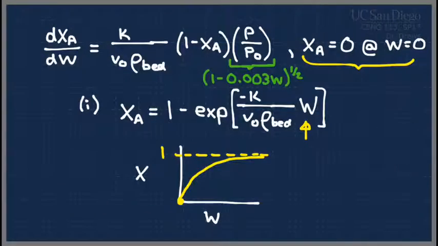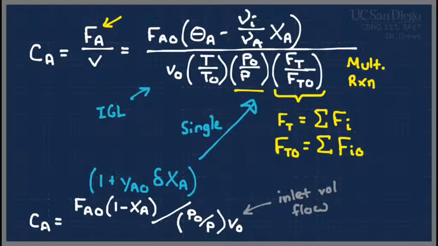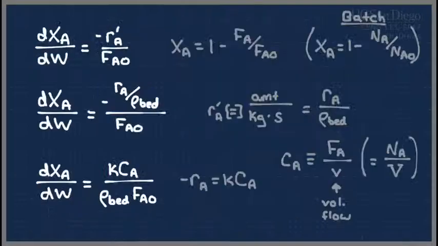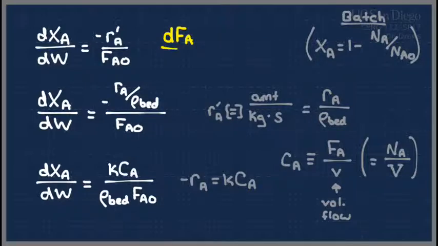Again, I said that a lot of times in MATLAB we end up writing these things in terms of the FA parameter here. So our differentials are originally written in terms of FA. Instead of solving this differential, we would end up solving a differential that looks like dFA/dW equal to RA prime.